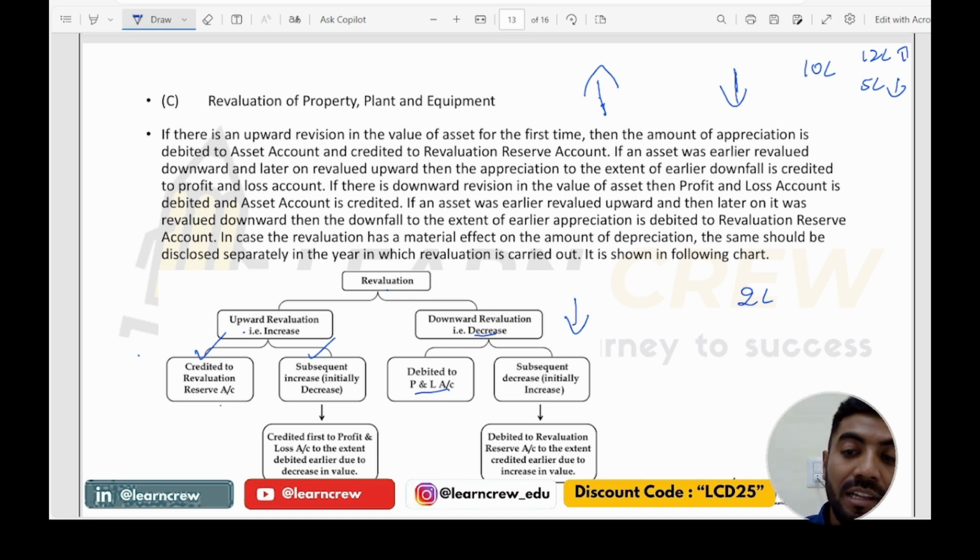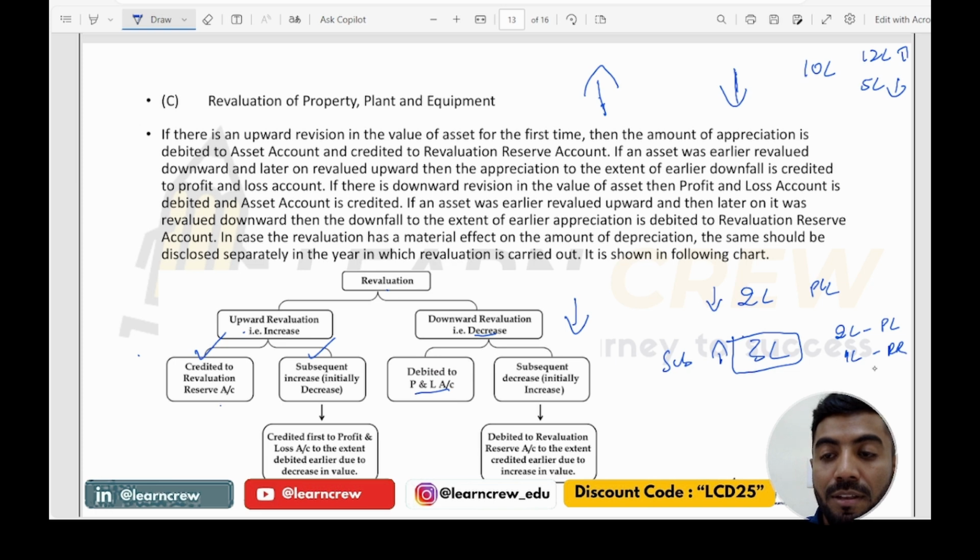Then subsequently it's increased for 3 lakhs. What happens that time? We are talking about only 3 lakhs now. Initially when it was decreased, you would have charged it to P&L account. Now subsequently it's increased. This 2 lakhs to be charged to P&L account. The remaining 1 lakh will be credited to revaluation reserve account. This is the accounting treatment.